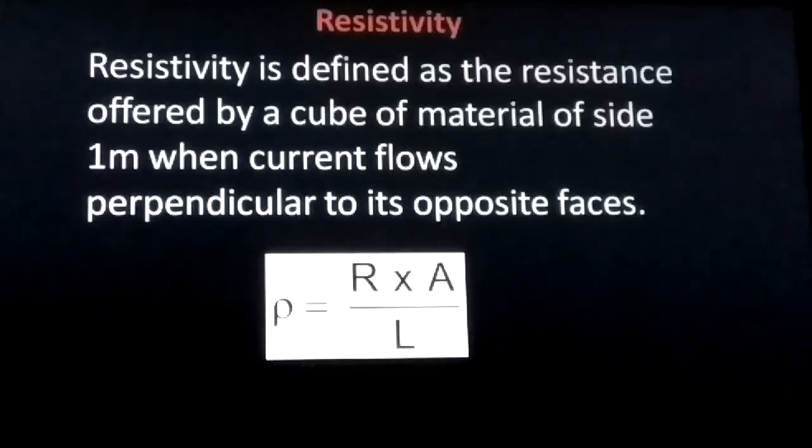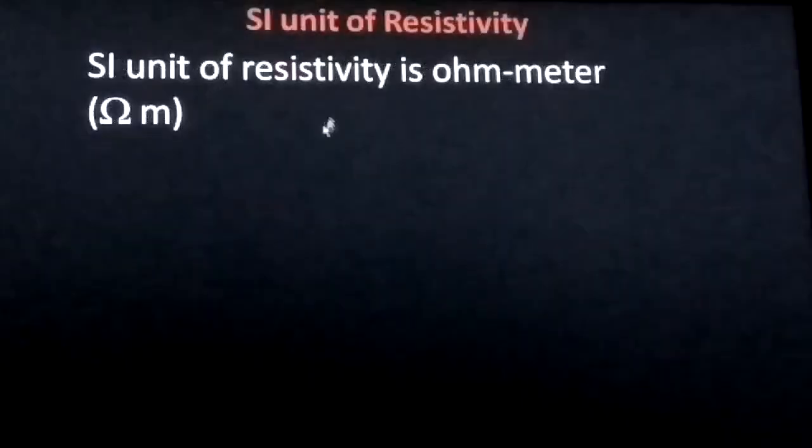So this is the symbol of resistivity. It is rho. Rho equals R into A by L, that is, resistivity rho equals R A by L. Now students, we will see the unit of resistivity.